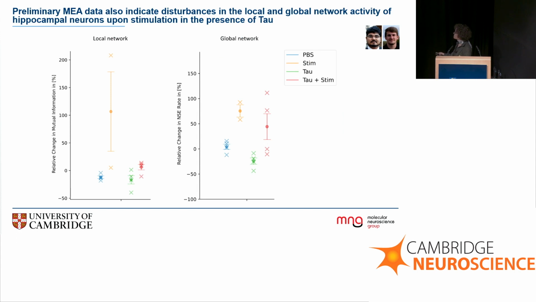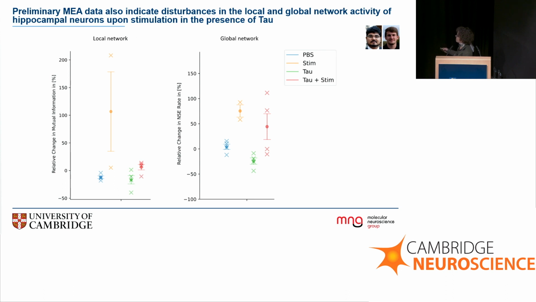So let me just show, this is the preliminary data we've got. This is really early days because we haven't done all the repeats. It's about getting the correct device and everything working properly. It's a bit tedious, but we have some indication, especially if we look at the local network and the global network, which is something that you can really show using these microelectrode arrays.